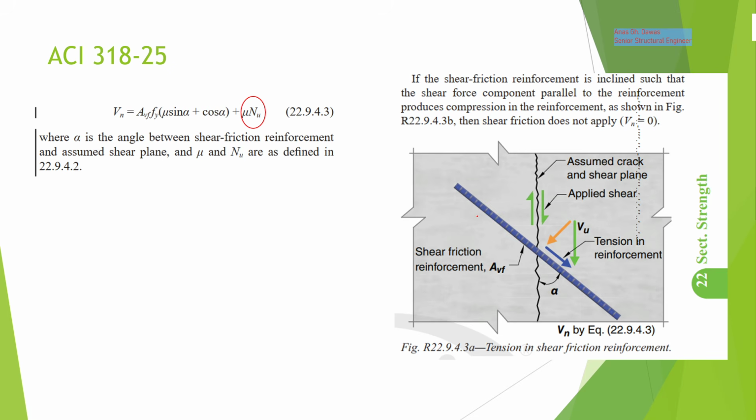Again, here also there is a term to take the effect of the compression. For example, if we assume here a crack and shear plane, and here we have a compression, and here we have a compression. This compression is permanent.